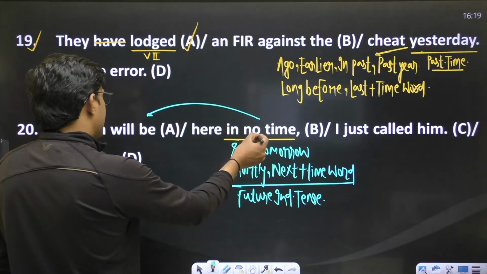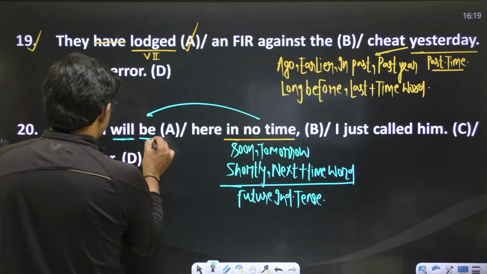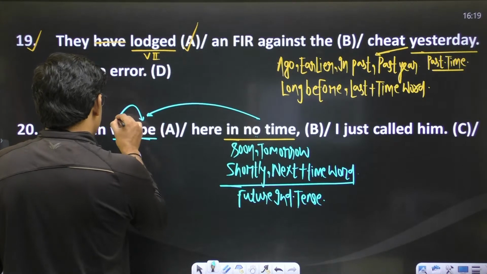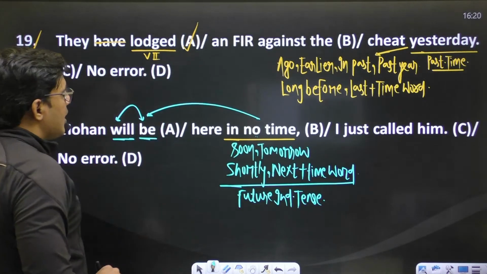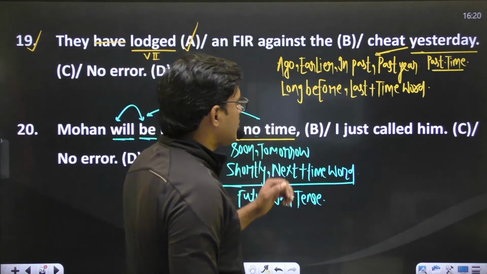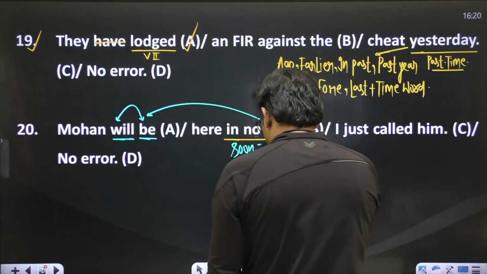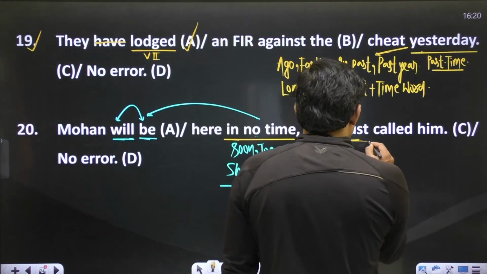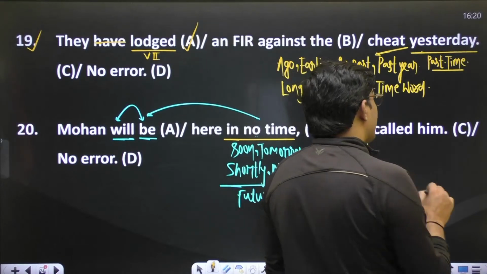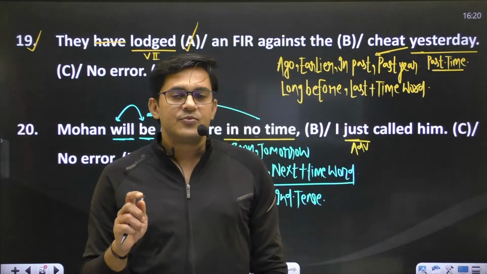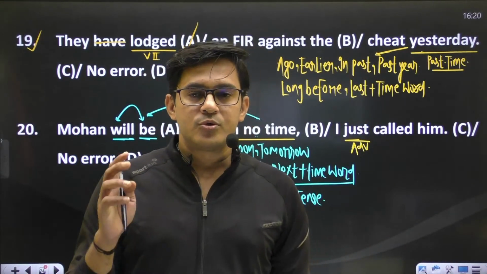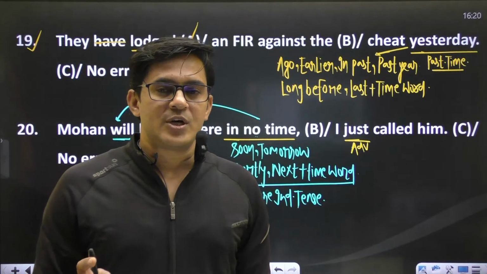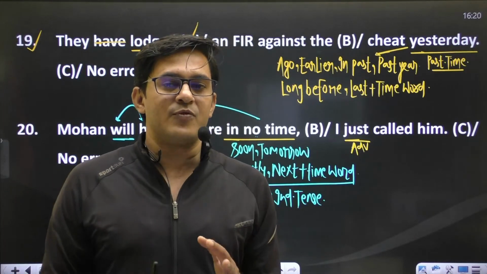Because of the words in no time, you already have future indefinite tense, will plus v1, will plus be, and in the next clause you are again getting the word just. This word just is an adverb which demands present perfect, right? This word just is used to show actions which have completed at the time of speaking.